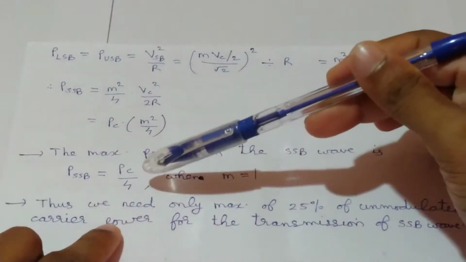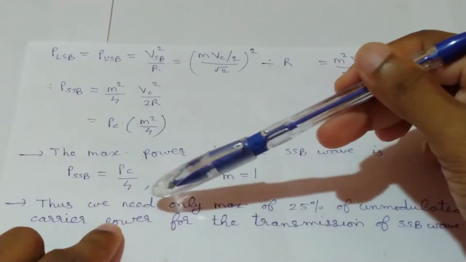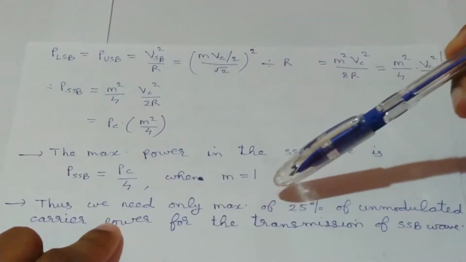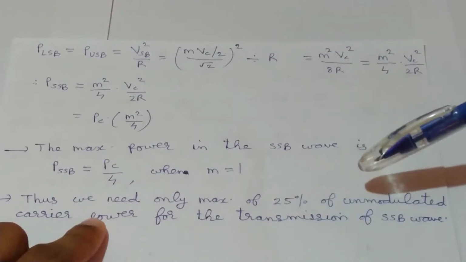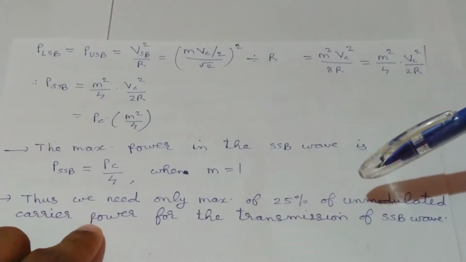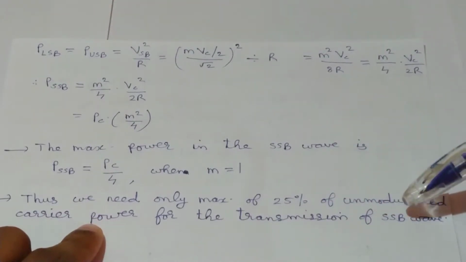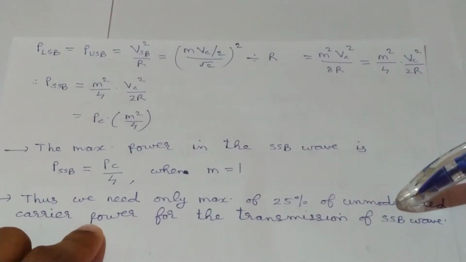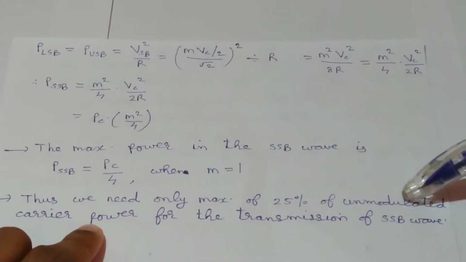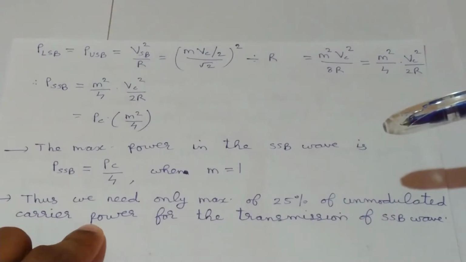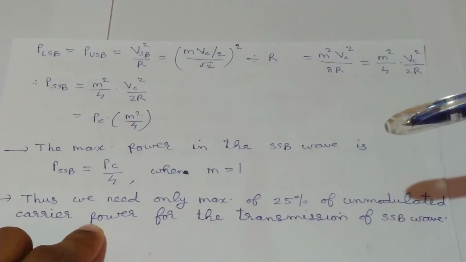So from this we can see that we need only a maximum of 25% of the unmodulated carrier power for the transmission of a single sideband wave. And this is correct also, because in the case of a single sideband wave, 1/6 of the total power is utilized by the sideband, and this constitutes 25% of the unmodulated carrier power.